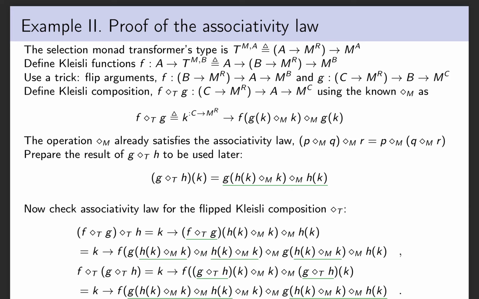This is the associativity for diamond T. Okay, but is diamond T associative? So T is the monad I'm trying to construct. And so I need to define the diamond T, and I need to show that it's associative. Once I've done this, I have proved that T is a lawful monad. So this complicated type I have proved for any monad M to be a lawful monad.